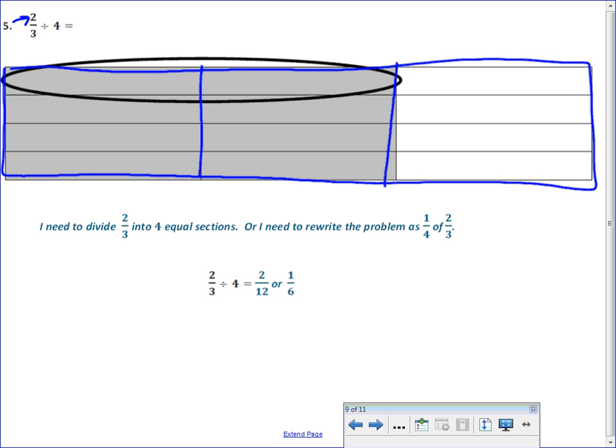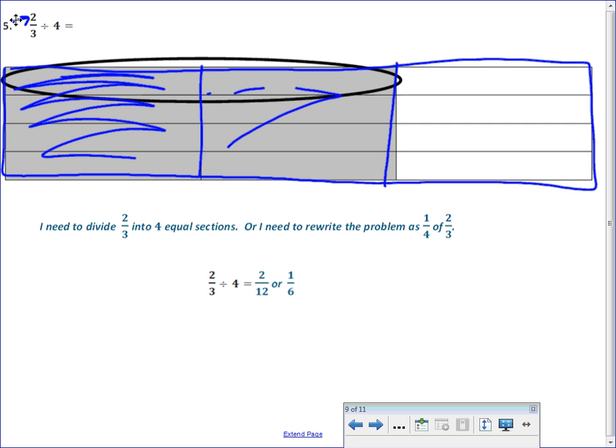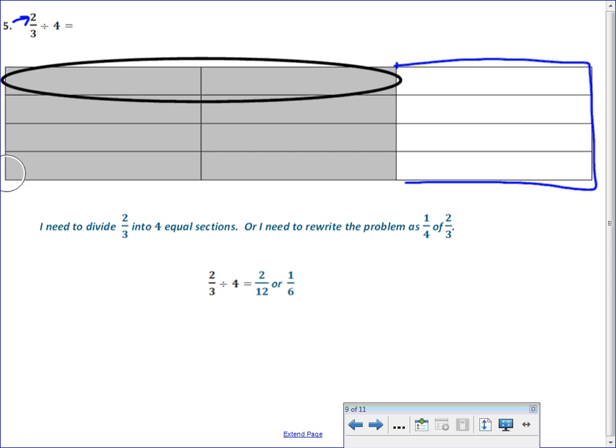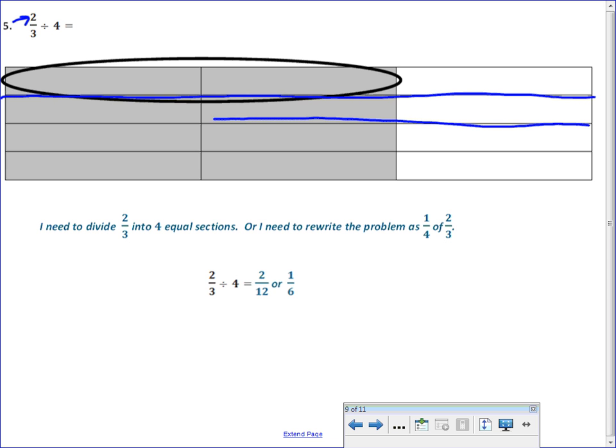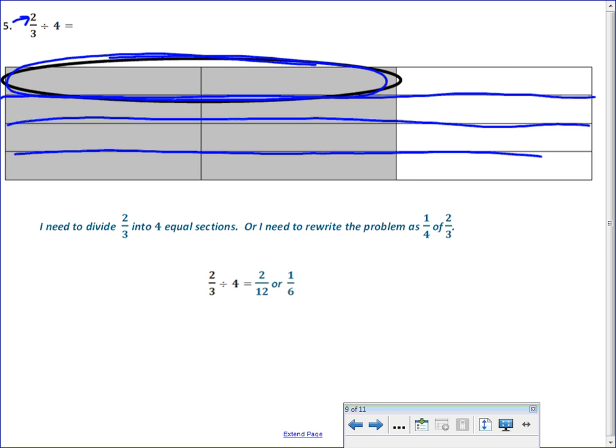So the gray area, do you see the gray area is 2/3. Now I'm going to take my 2/3, and separate them into fourths. Here is my 1/4 of my 2/3.